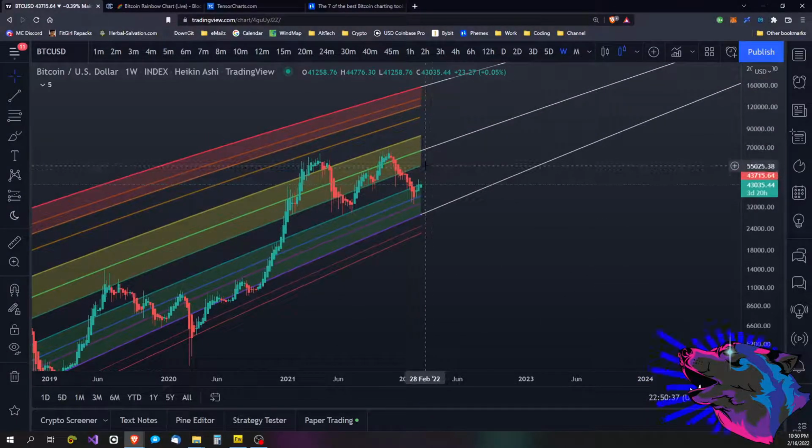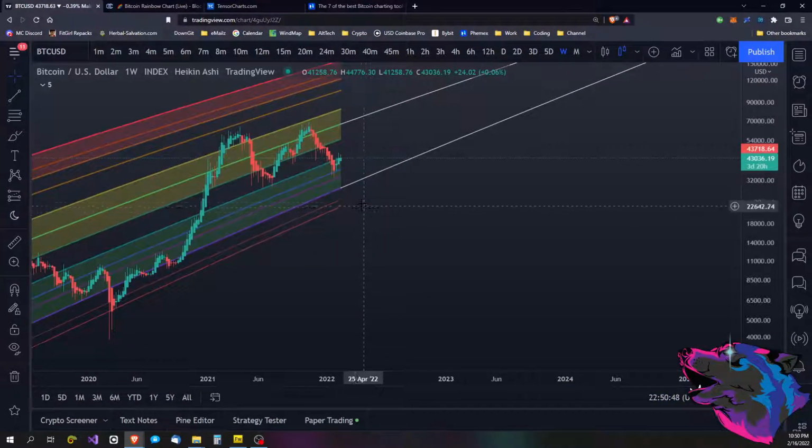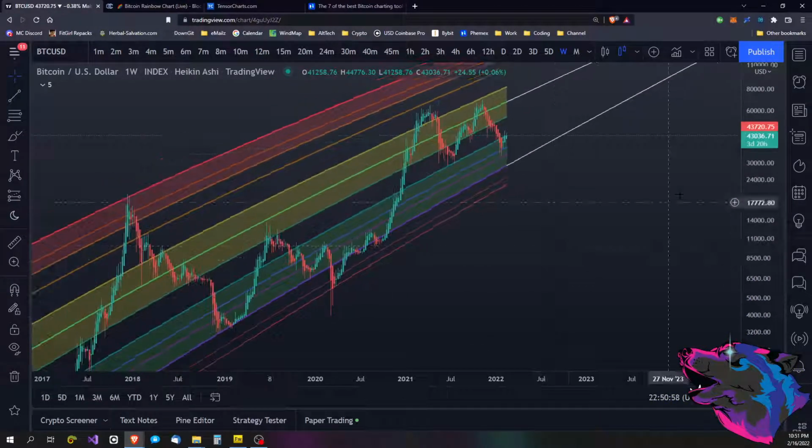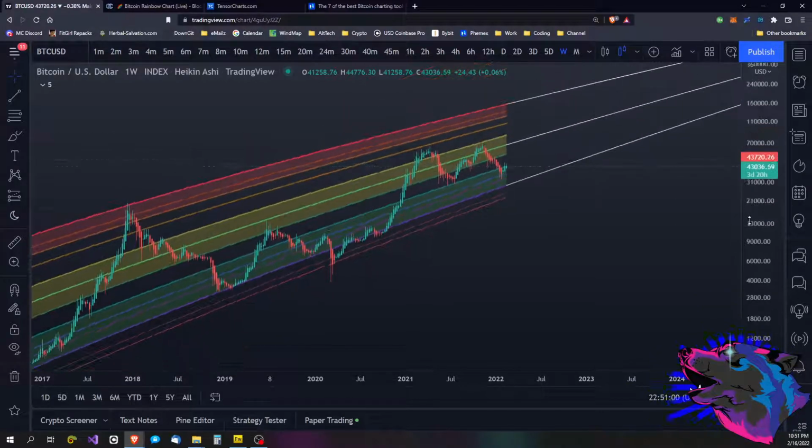It'd be interesting to see if we can pull it back up here to this mid to high 50K range again. Or this could be just a little pull up before continuing back down. Not going to get into which one I think it is.